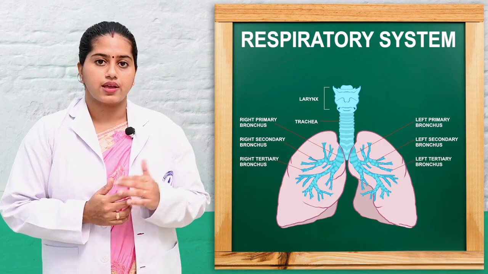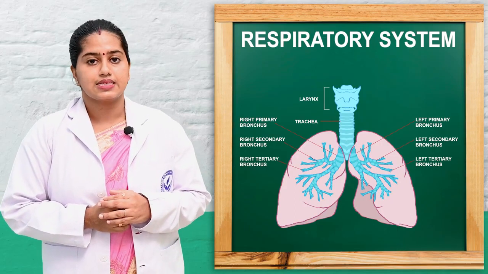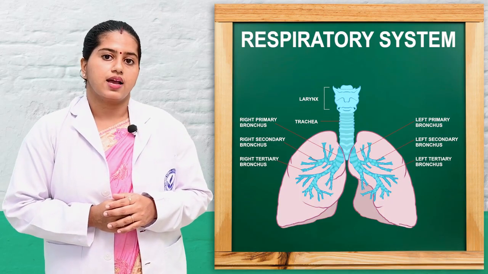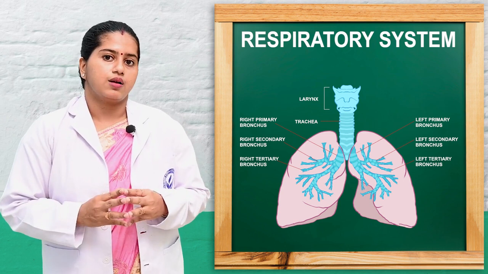Then secondary bronchi change into tertiary bronchi. Tertiary bronchi go on as terminal bronchi, and the bronchi are essential for the conduction of the air.